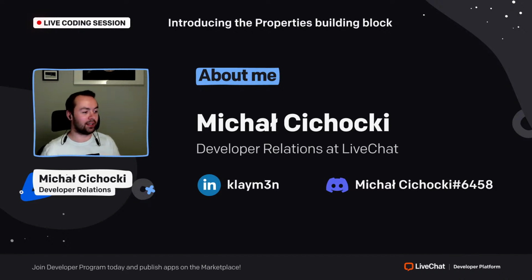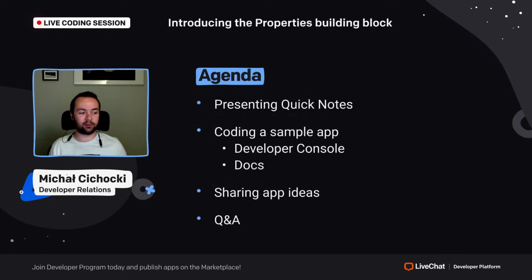Okay, never mind. Today I'm going to build a sample app using properties and show you how they work, and what is the easiest way of using them. And for that, we'll start with a quick presentation of an app that is already on a LiveChat Marketplace and uses properties to save notes about the customers.